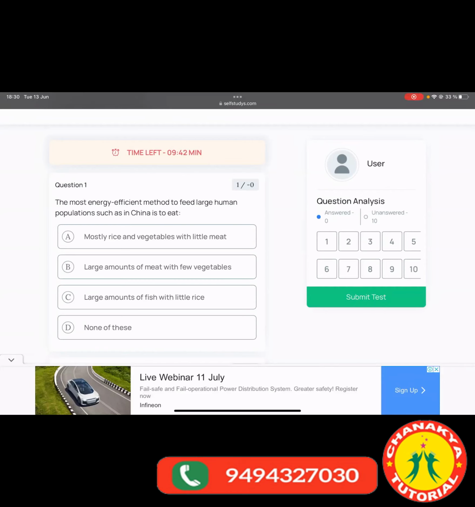This is all a general knowledge question. Ma'am, it's a large amount of meat with few vegetables. Okay, so the most energy efficient method to feed a large human population. Apart from China, you know that a large human population is also India, right? So do we always consume a large amount of meat with few vegetables? No, ma'am.